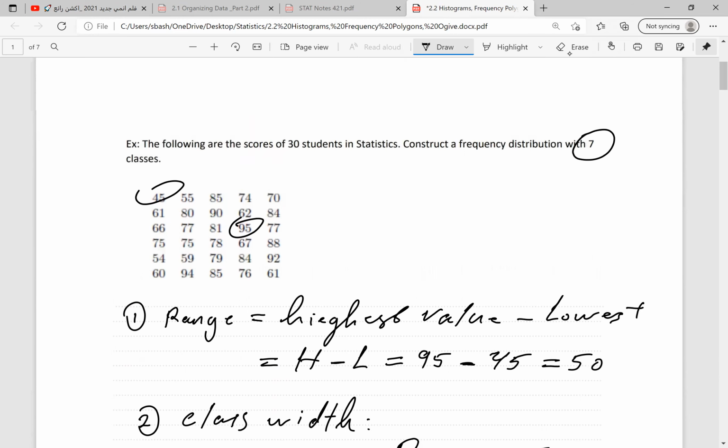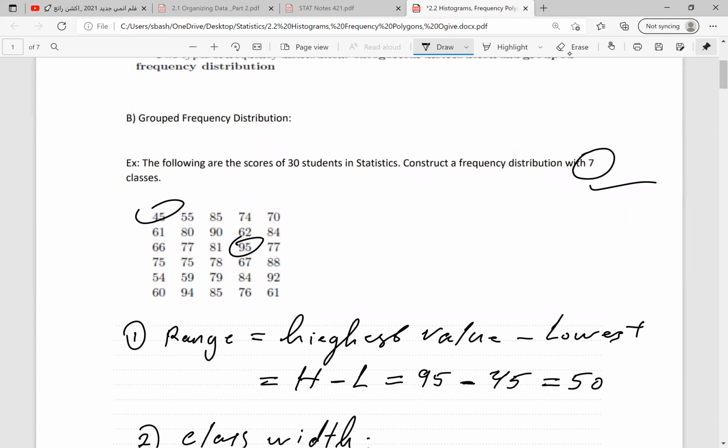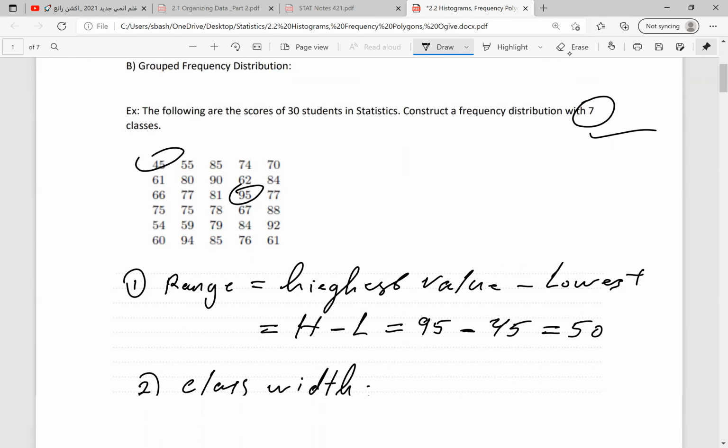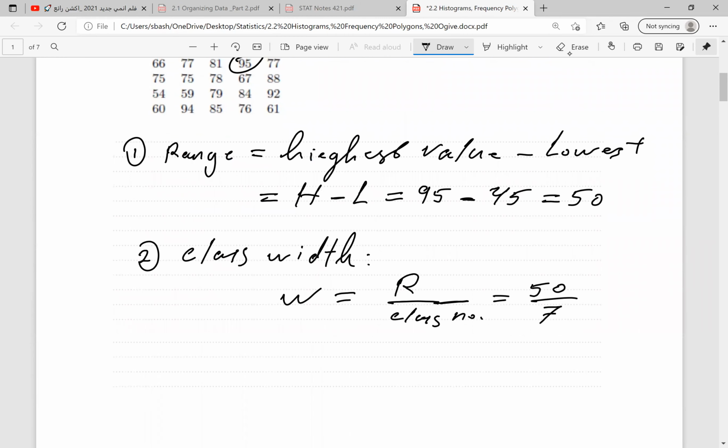The class number is given as 7 classes. We need to construct the frequency distribution using 7 classes. So we divide 50 by 7. That will be 7 point something.